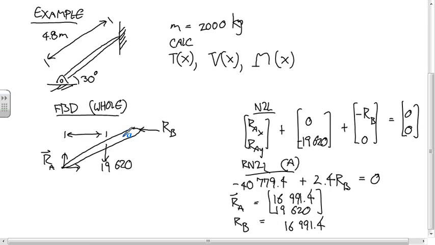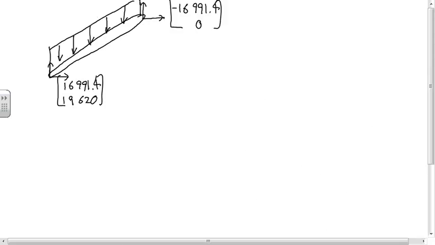Well, we know that it's a total force of 19,620. It has a length of 4.8. So as a distributed load, that's going to be 19,620 divided by 4.8. And so you get a value of 4087.5.